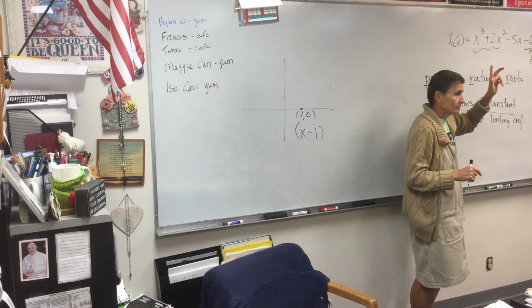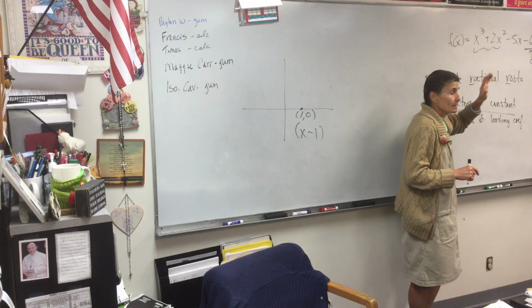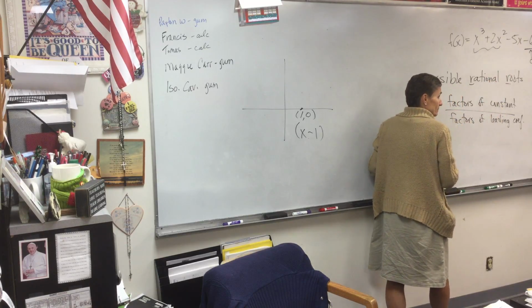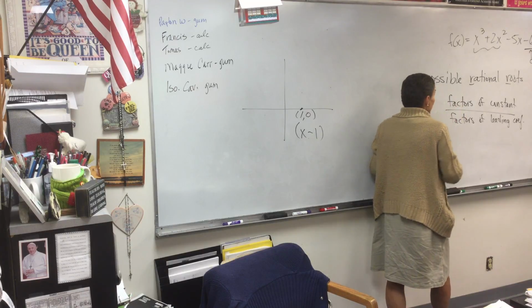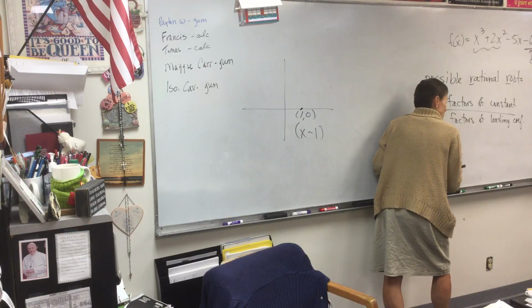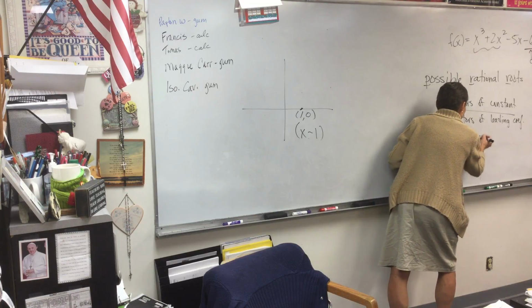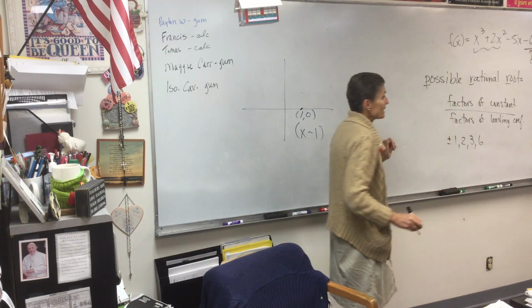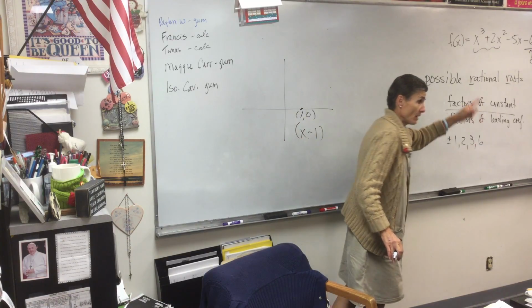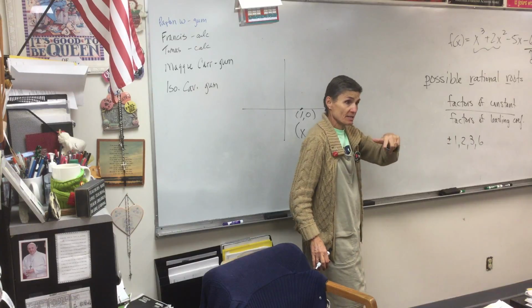You've heard that before, right? Now, my constant is 6. Actually, it's -6. The factors of -6 are plus or minus 1, 2, 3, and 6. In other words, these are the numbers that will divide into -6.